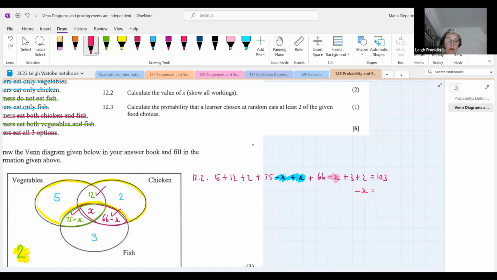It better be a negative number, otherwise we're in trouble. What are you guys getting? I've done it on my calculator. What are you getting negative X equal to?